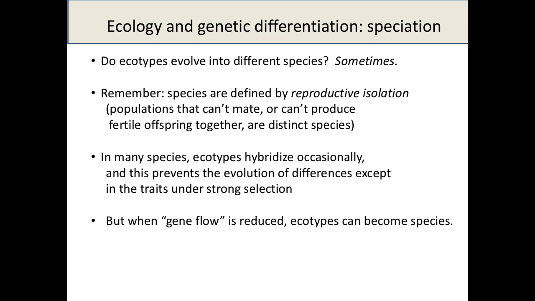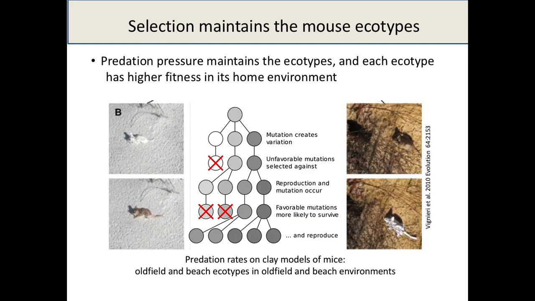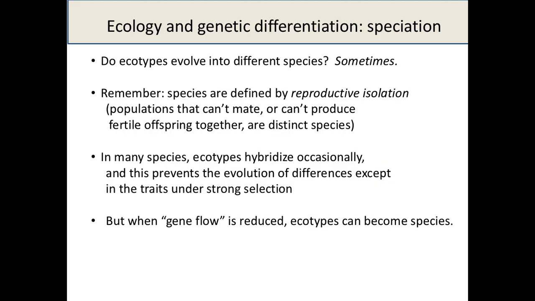So with the mice here, they can still reproduce with each other and give rise to individuals with a variety of different hair colors. We've got selection at the phenotypic level, but it's not at the genotypic level here.